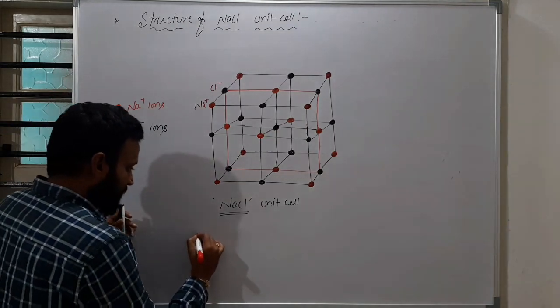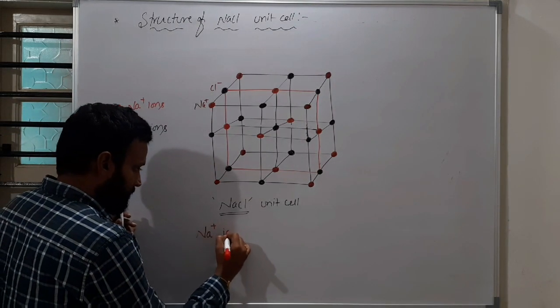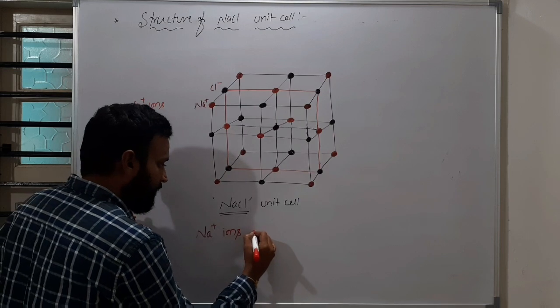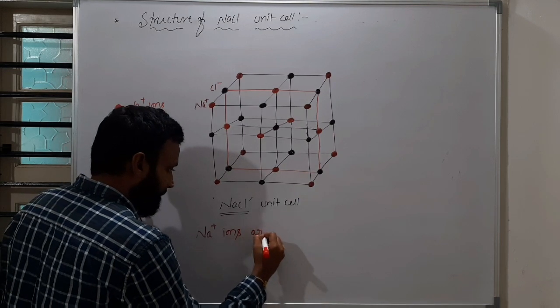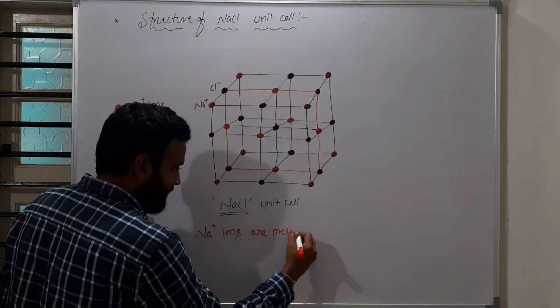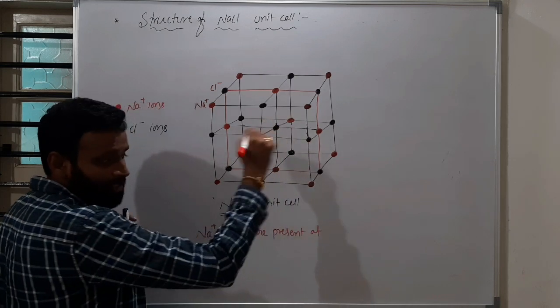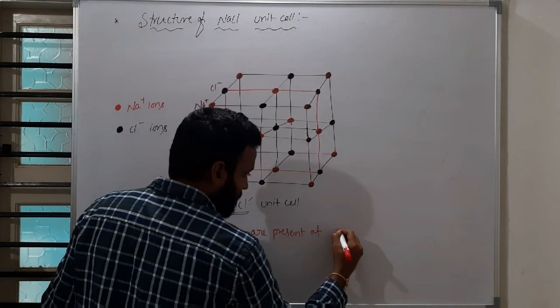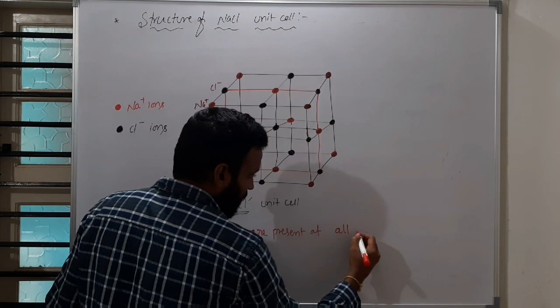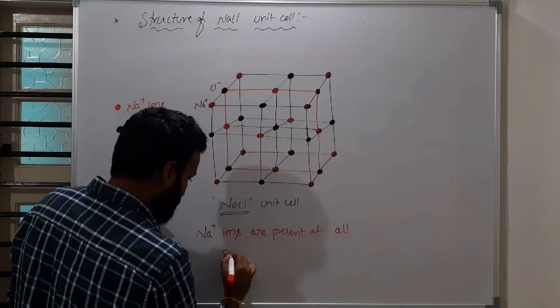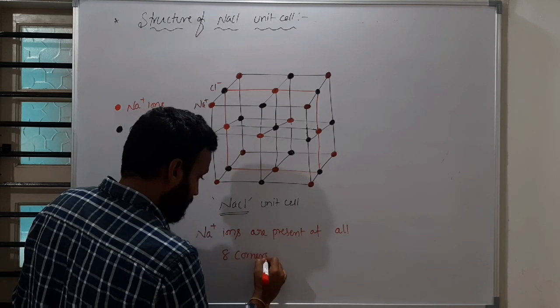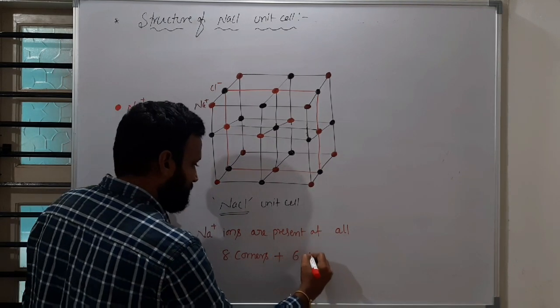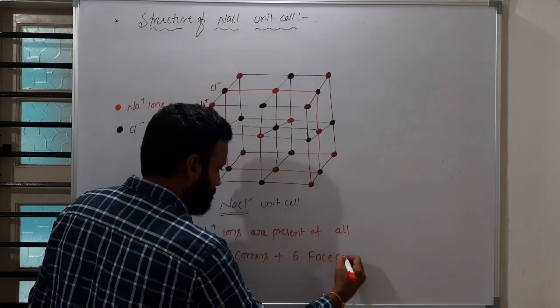In the NaCl unit cell I am considering, Na plus ions are present at all 8 corners plus 6 face centers.